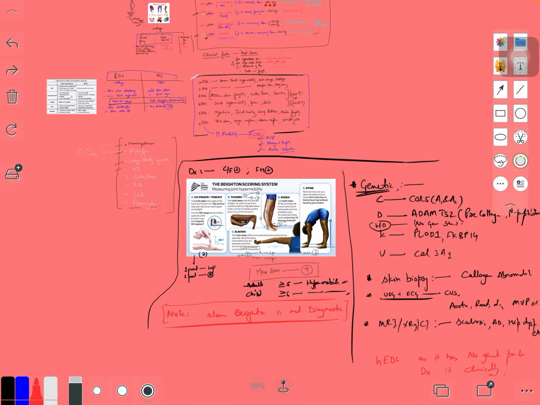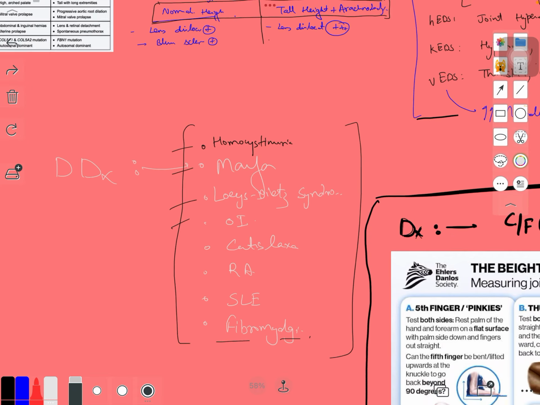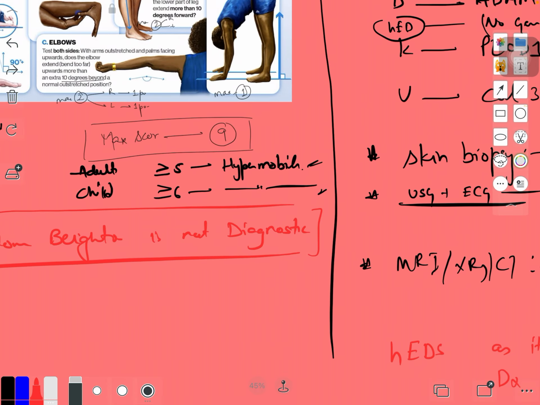And yeah, while making a differential diagnosis, we were trying to at least differentiate Marfan, Loeys-Dietz, and osteogenesis imperfecta, alongside homocystinuria.